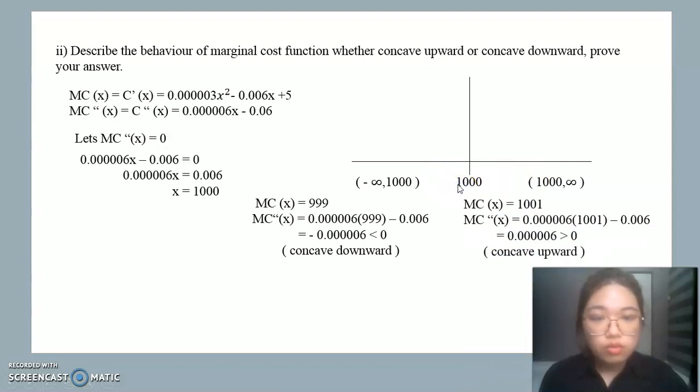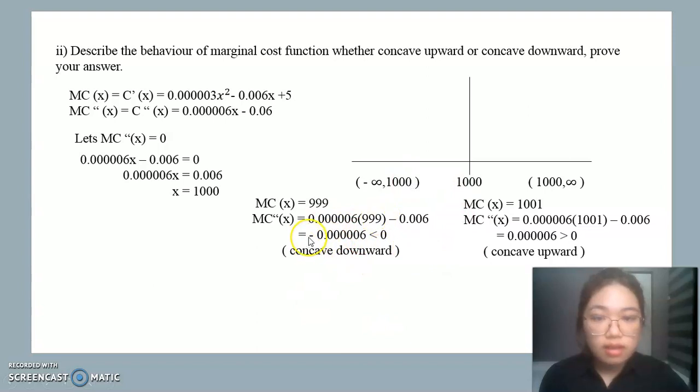Then we need to choose a number within the range of each interval. We choose 9 as the test value for the first interval and 11 as the test value for the second interval. After that, we substitute these test values into the second derivative of the marginal cost function, and then we get the answer.